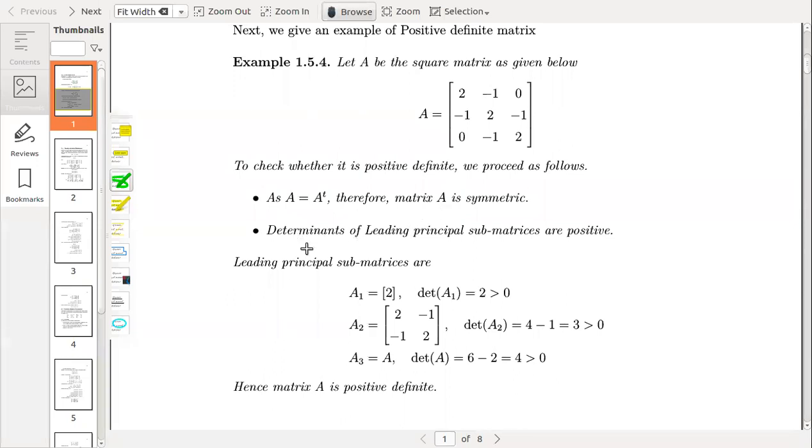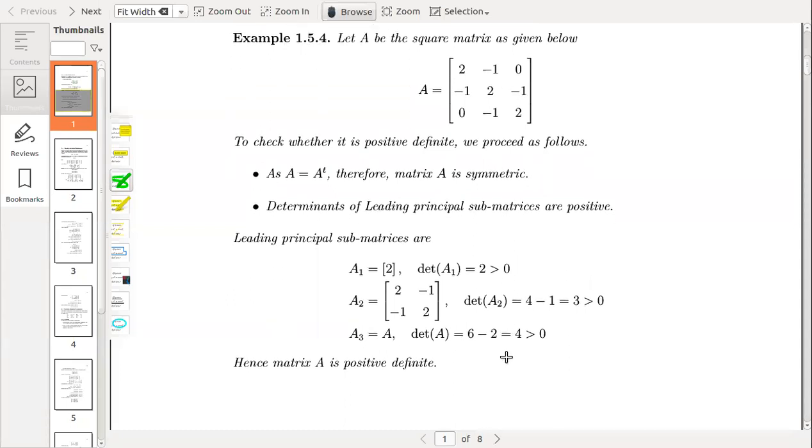The second condition is that the determinants of its leading principal submatrices are positive. The first leading principal submatrix is 2, because A11 is 2. The second leading principal submatrix is [2, -1; -1, 2], of order 2 by 2. The determinant of the first matrix is 2, greater than 0, the determinant of the second matrix is 3, greater than 0, and the determinant of the full matrix is also greater than 0.